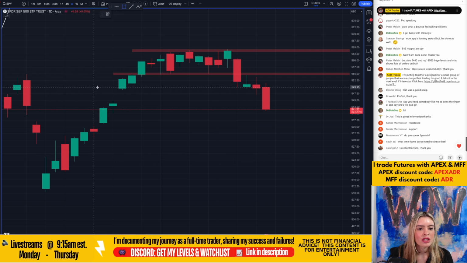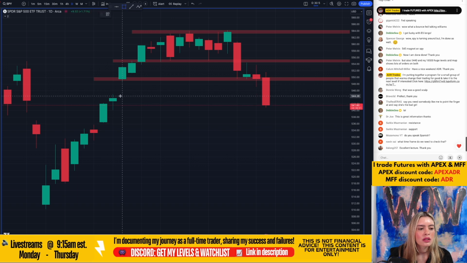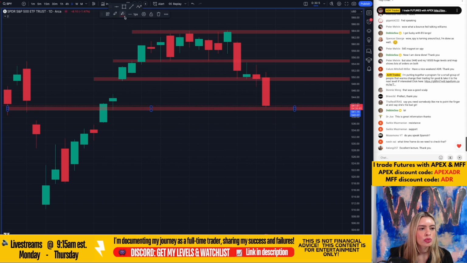So we can see here it's acting as resistance, and then we have another one here, support, and then we can go on and on. Let's see if we have another clear support here.